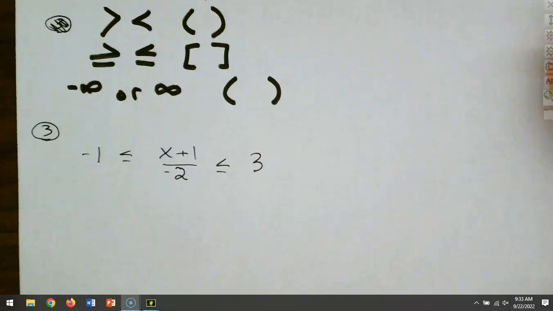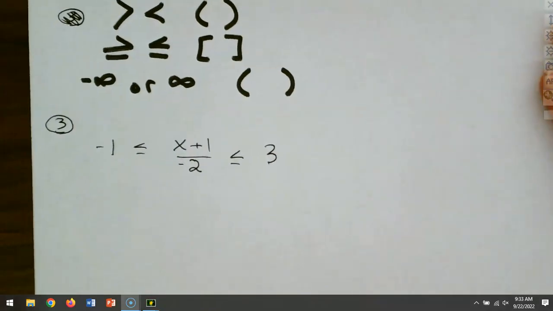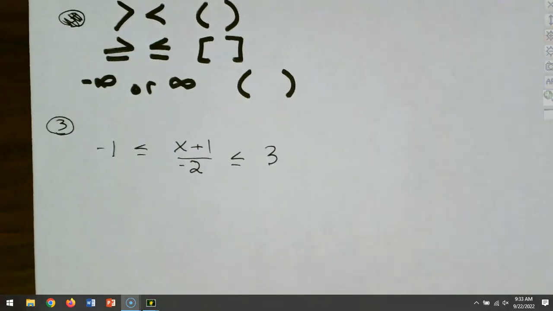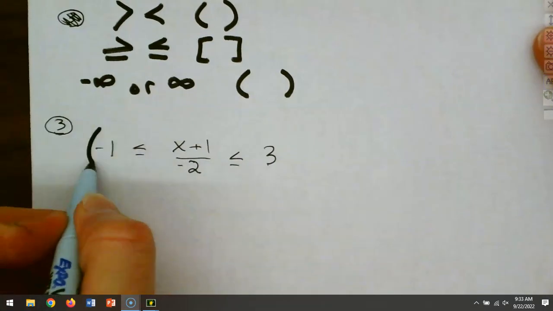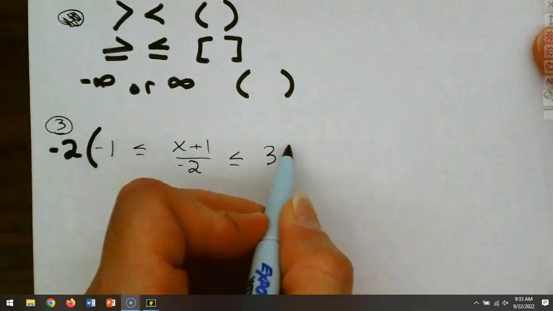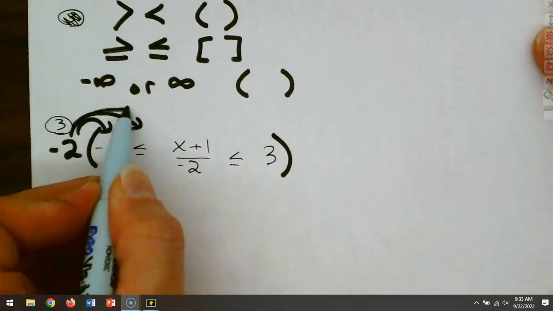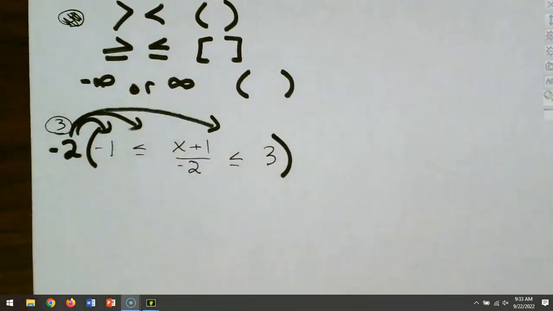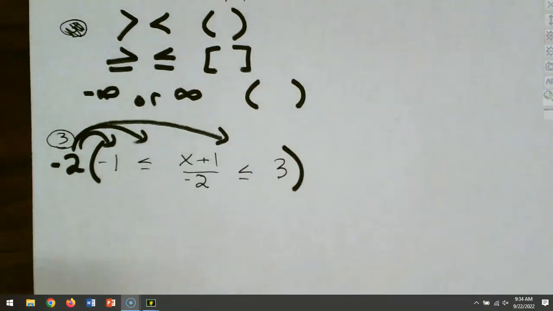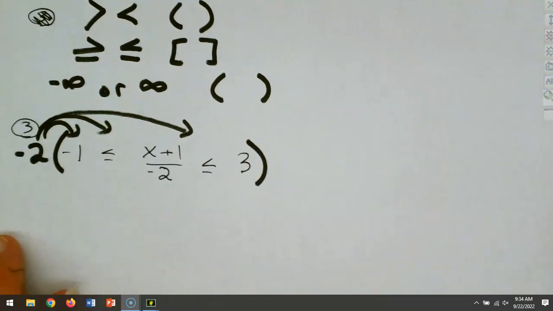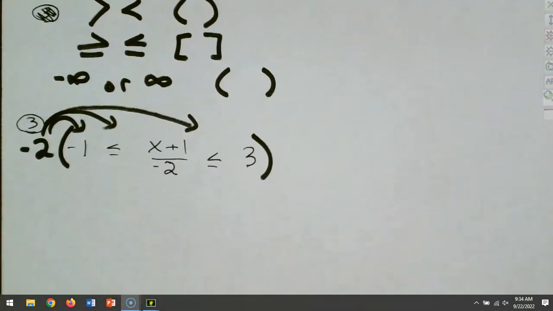Now, the first thing we need to do is get rid of our fractions. The only fraction we have is the one in the middle. So we're going to multiply everything by a negative 2. And when I multiply everything by a negative 2, what's going to happen to my inequality symbols? Well, they're going to flip around, aren't they?